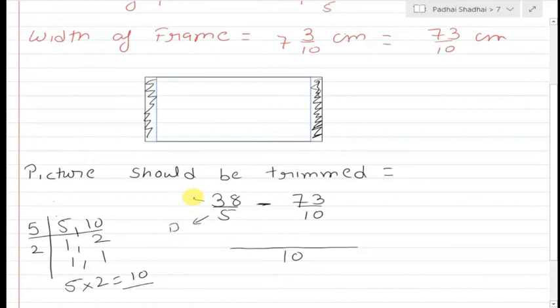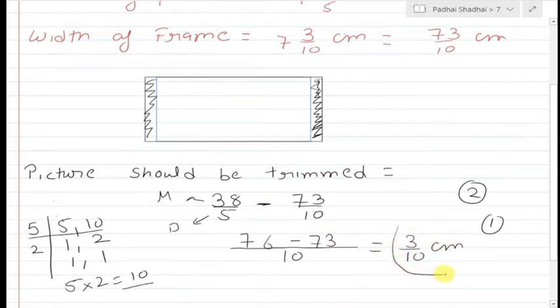Dividing 10 by 5, that is 2, 38 2s are 76. And again 10 divided by 10, that is 1, and 73 1s are 73. 76 minus 73, that is 3 upon 10 centimeter. This much width is to be trimmed from the picture, 3 by 10 centimeter.